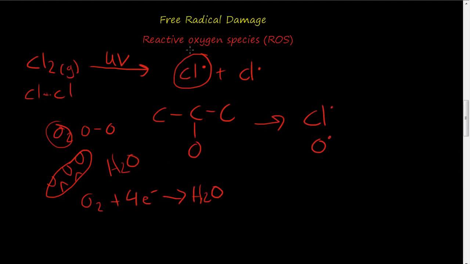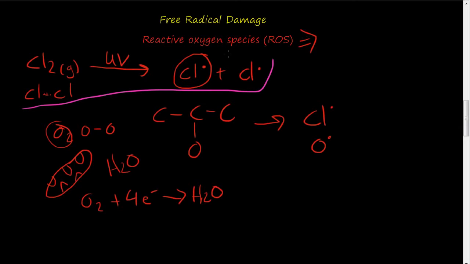So reactive oxygen species are a class of compounds that are these oxygen radicals. This chlorine was just an example, but instead of this chlorine example, it's oxygen.